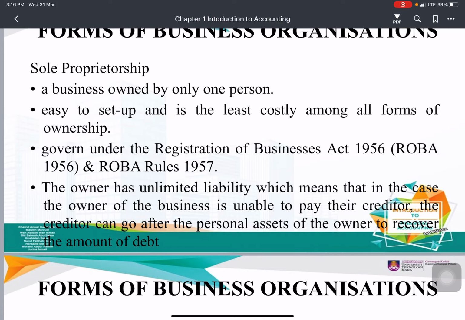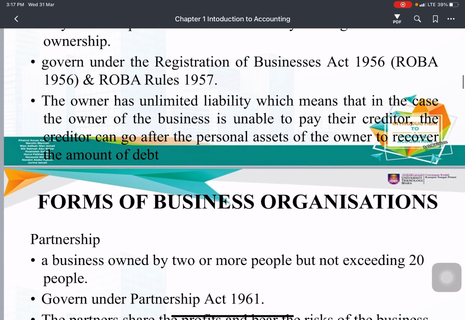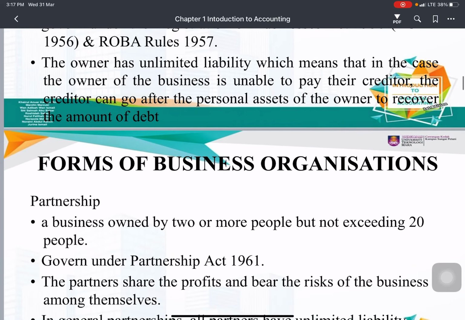For example, you have your own business and you're not able to pay your creditor, the creditor can come after your private assets. It means they can take action to sell off your house, your car, and everything in order to get their money back if you are not able to pay the liability.